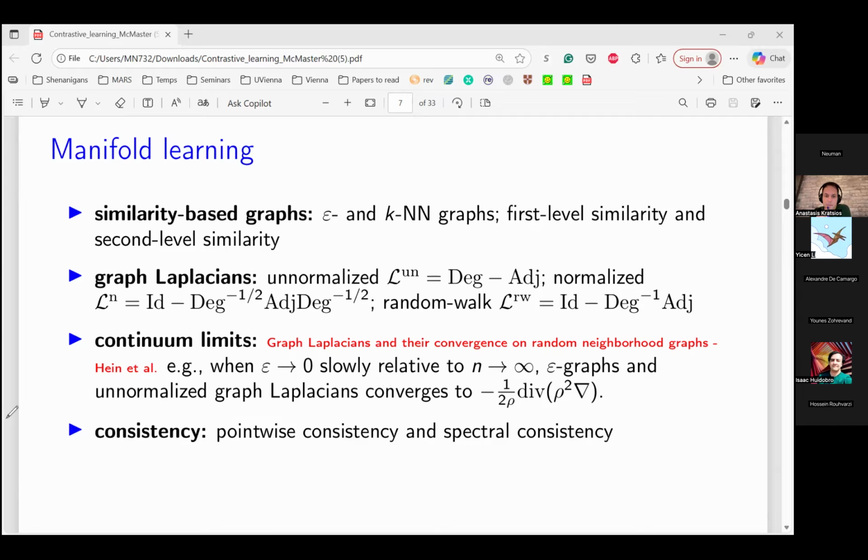And on the consistency issue, there are two consistency questions that you can ask. One is pointwise consistency, and the other is spectral consistency. I think it will take a few more slides for you to understand these two phrases if you haven't heard them before.